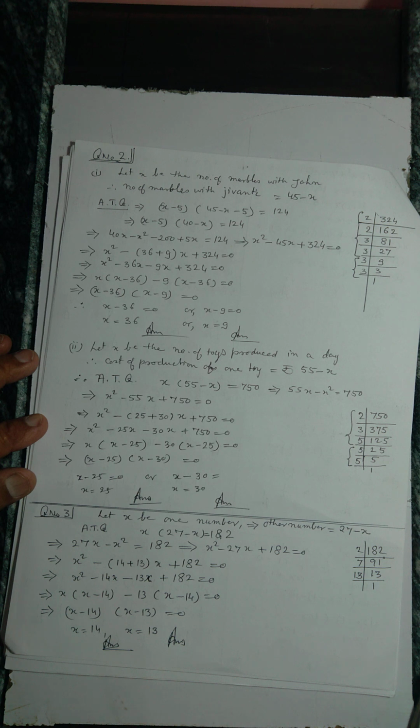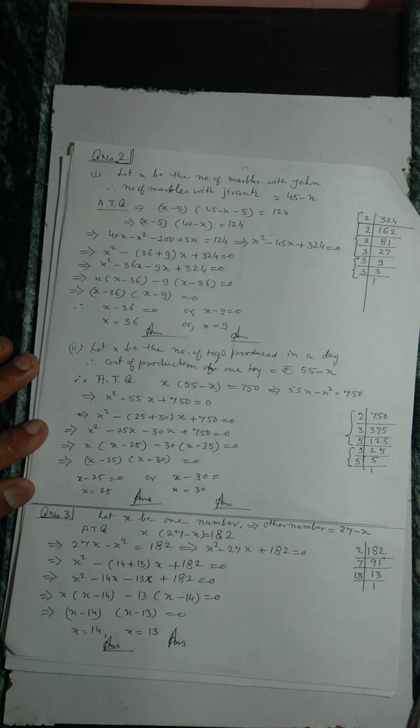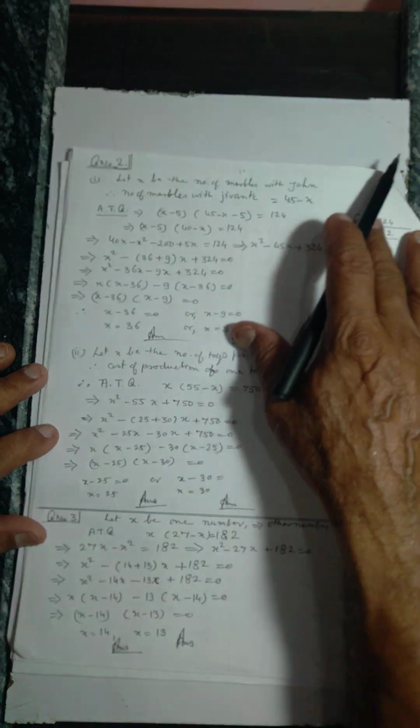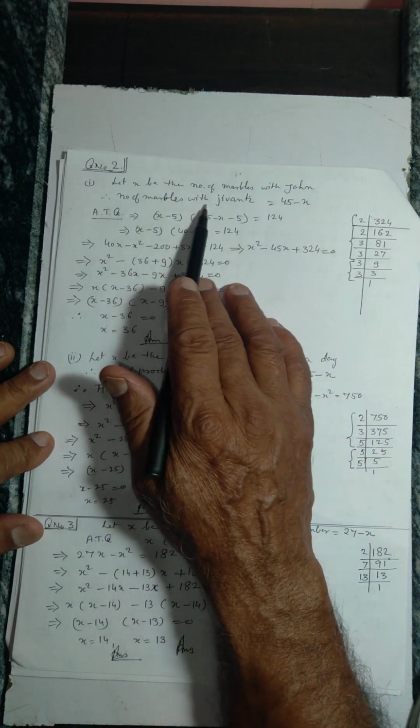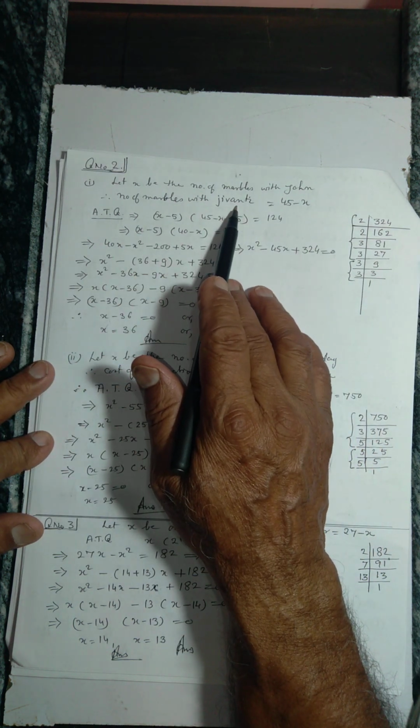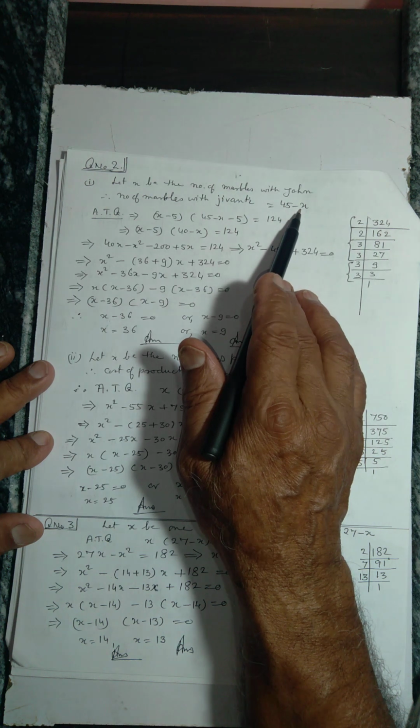Both of them lost 5 marbles each, and the product of the number of marbles they now have is 124. We would like to find out how many marbles they had to start with. You see, I have taken, let x be the number of marbles with John. So the number of marbles with Givenchy is equal to 45 minus x.